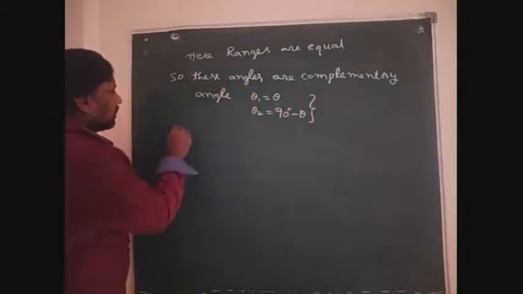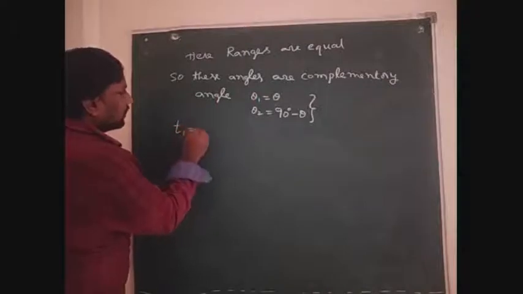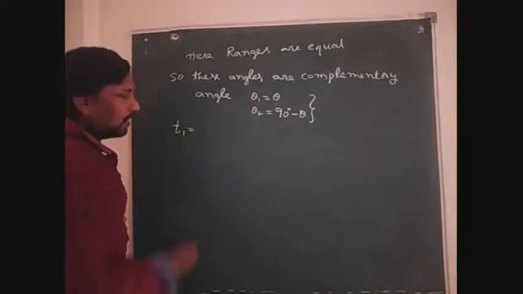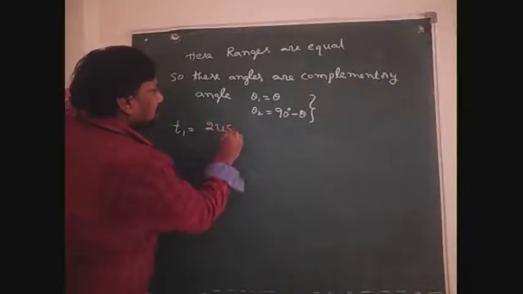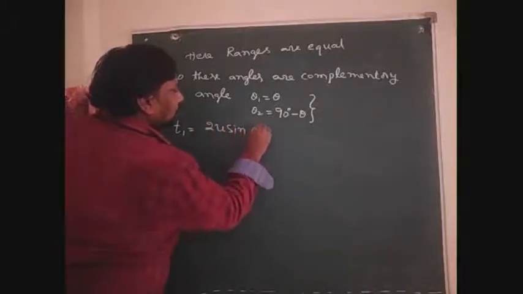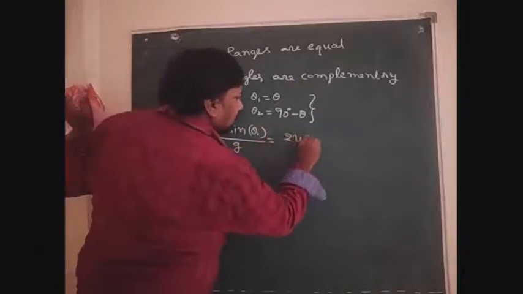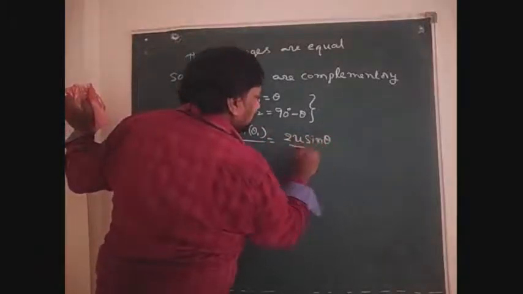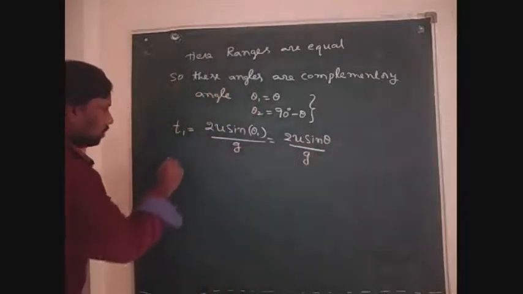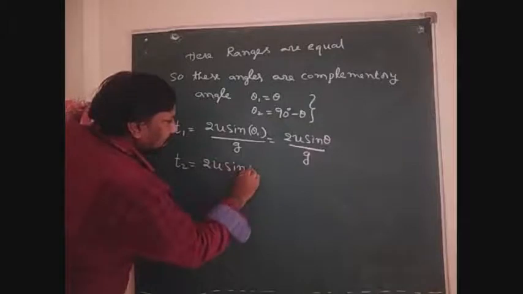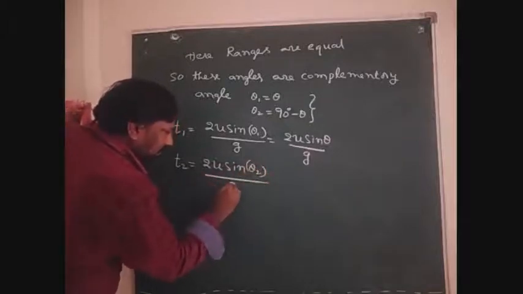So now we can find T1. T1 means the total time, that is the time of flight, 2u sine theta 1 by g. So here it is 2u sine theta by g. So T2 is 2u sine theta 2 by g.